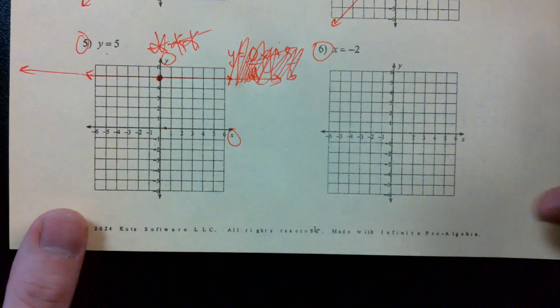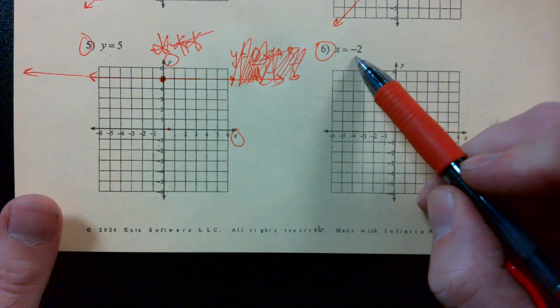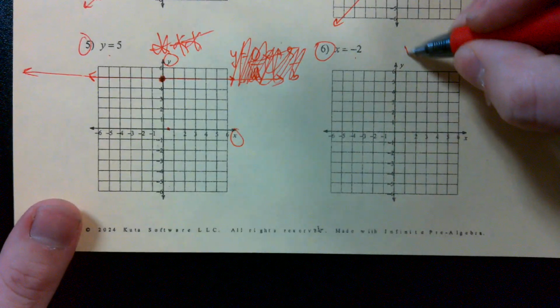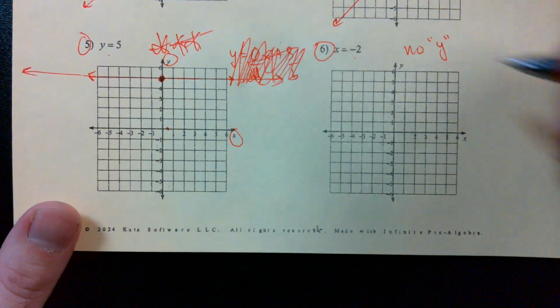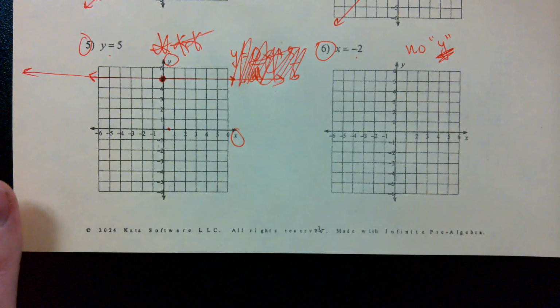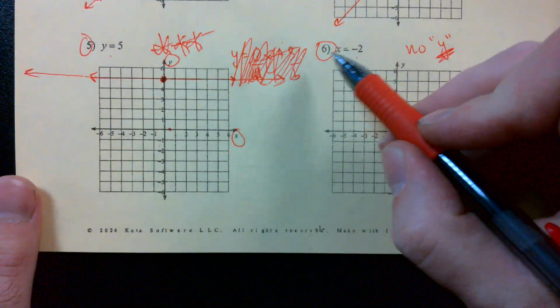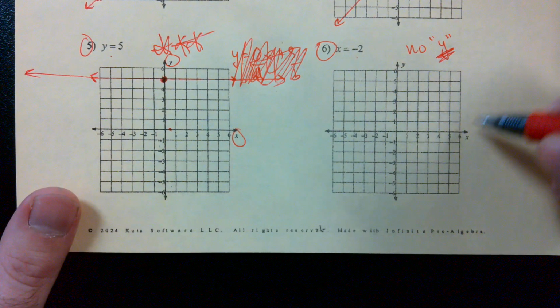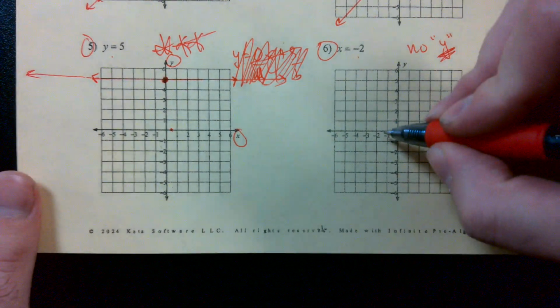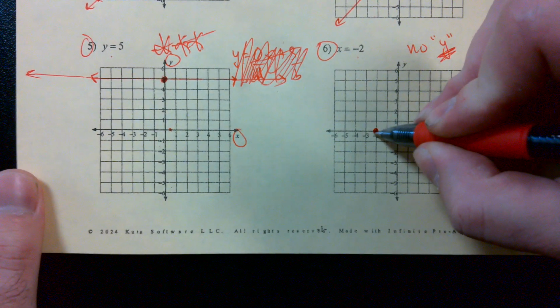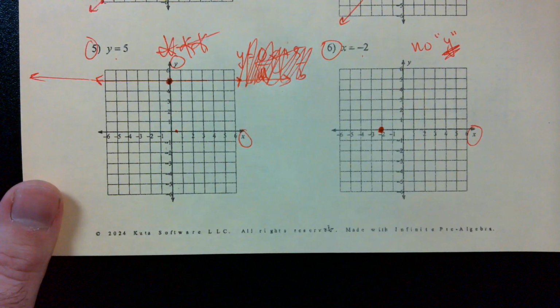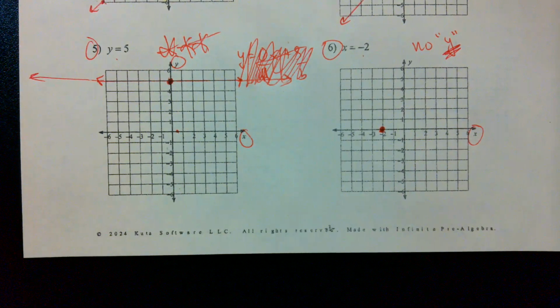Now, number 6. What letter am I missing in number 6? y. I've got no y value, or no y at all, I should say. But x is -2, so I'm going to find the x-axis, I'm going to find -2, and I'm going to make a dot at -2 on the x-axis.